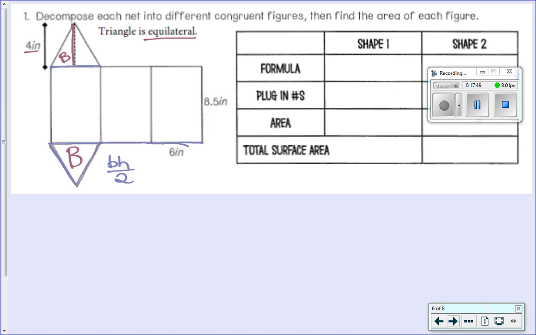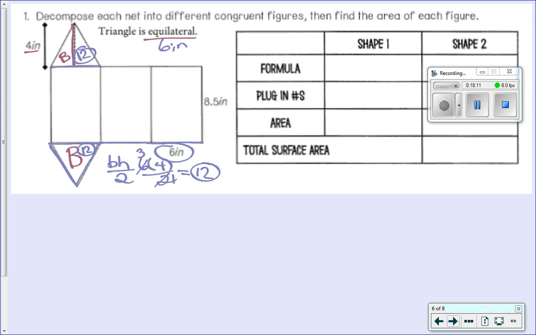And we know that they are equilateral, right? So your base is 6. What is the height of our triangle? 4. Absolutely. Good. Are we good with that so far?